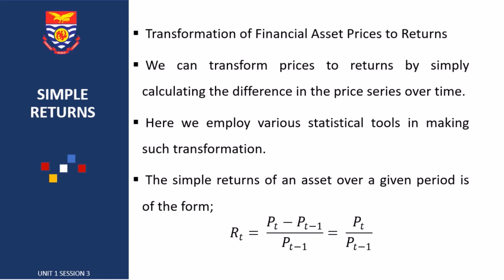In simple returns, we can transform price to returns by calculating the simple differences in the price series. Like the example I started earlier, let's say the price of a stock is 20 cedis today, and tomorrow it increases to 25 cedis.